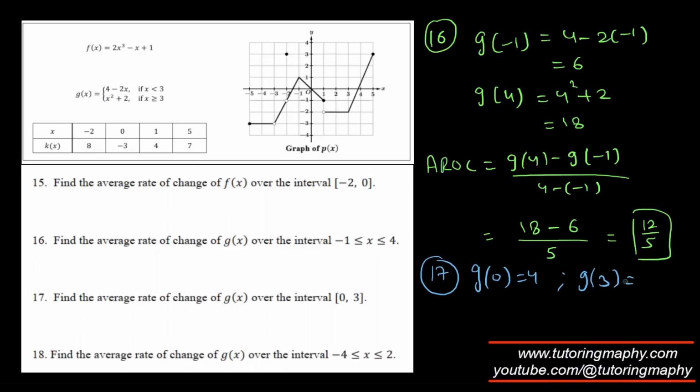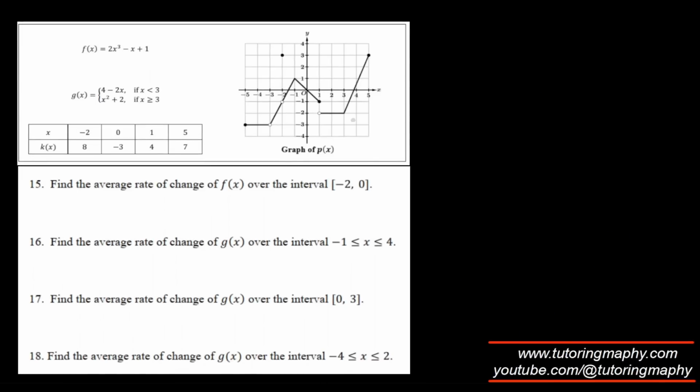And likewise, G of 3 is, be careful here, because 3 is not included here, where x is less than 3, 3 is included here because it's greater than or equal to symbol. So if you put 3 here, 3 squared is 9, 9 plus 2 is 11. So AROC is going to be 11 minus 4 over 3 minus 0, which is, I believe, 7 over 3, correct?